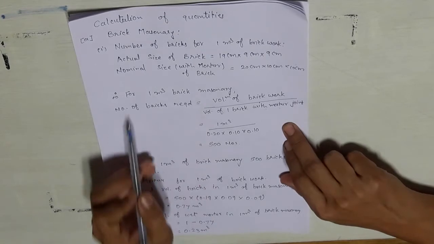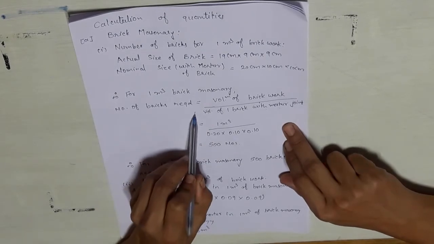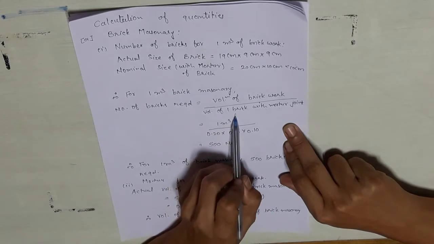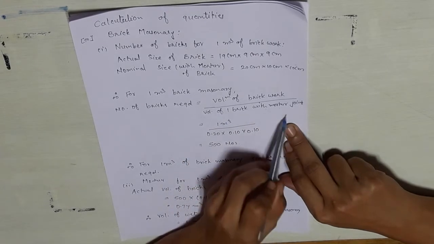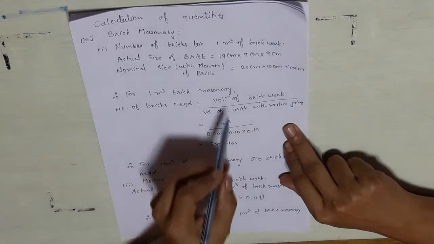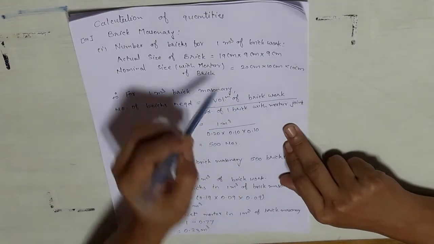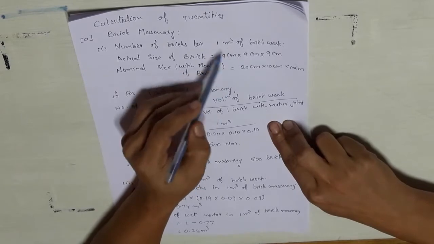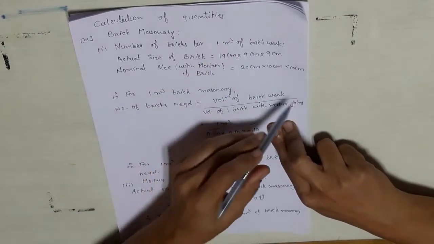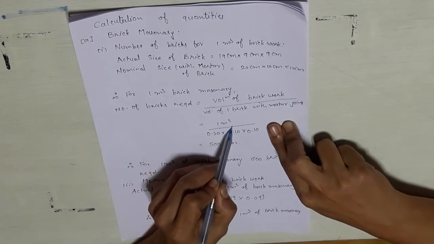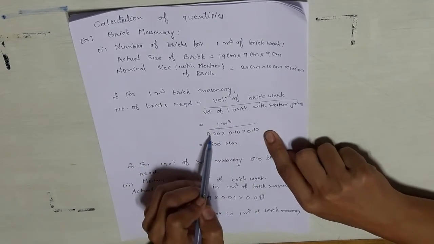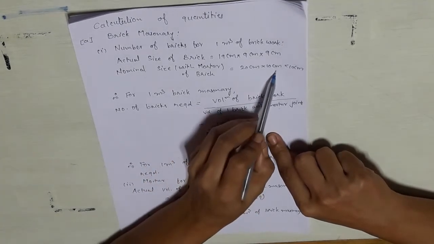So for finding the quantity of bricks for 1 meter cube masonry, our formula is: number of bricks required equals volume of the brickwork divided by volume of one brick with mortar joint. The volume of the brickwork is 1 meter cube, and the size of the brick with mortar is 20 by 10 by 10 centimeter.